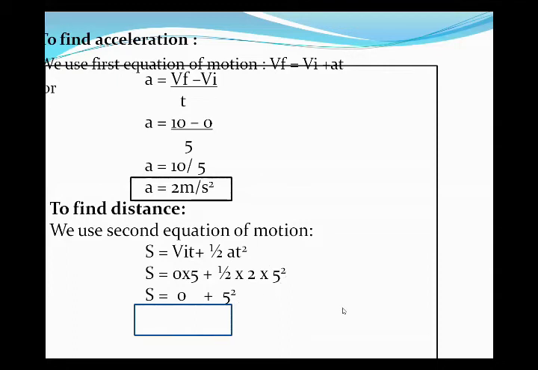After that we take the square of 5. The square of 5 means we have to multiply 5 two times. Then 5 multiplied by 5 becomes 25. And the unit of the distance is meter. So this is the required answer.